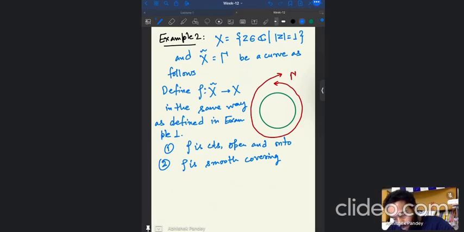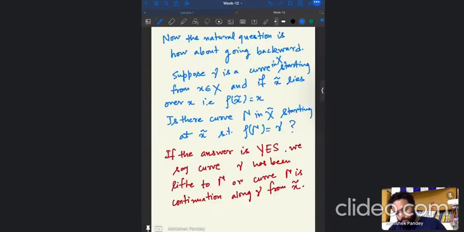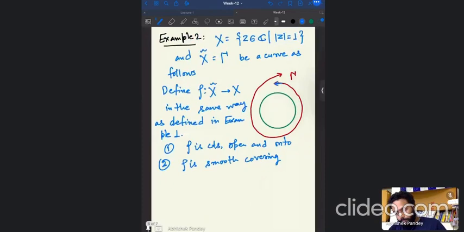Okay, so you consider this function. Basically for lift, you take any sub arc of this one, like this.